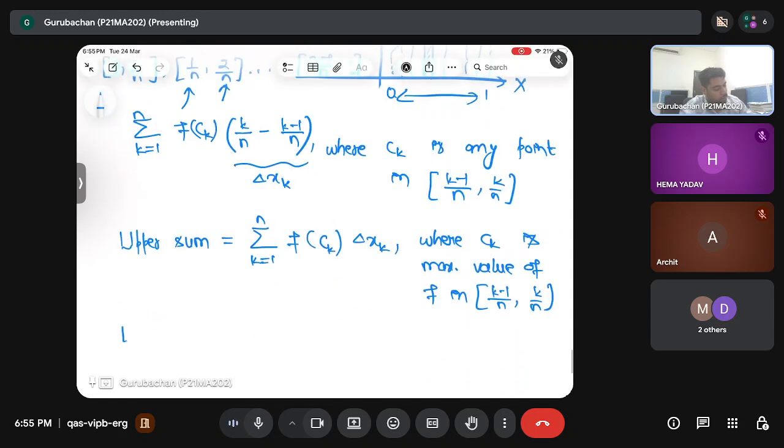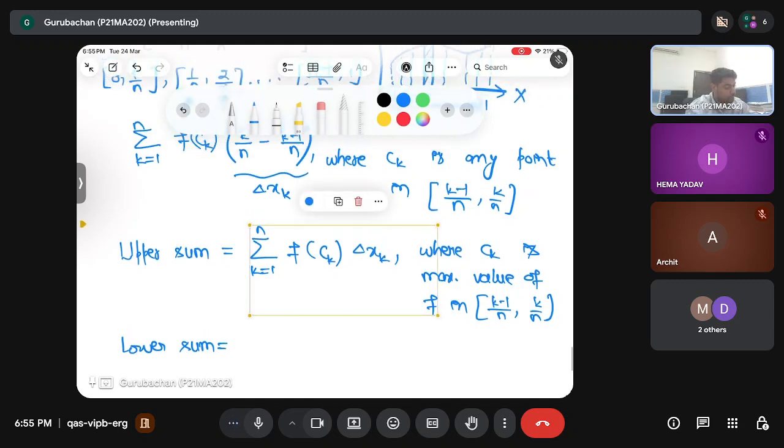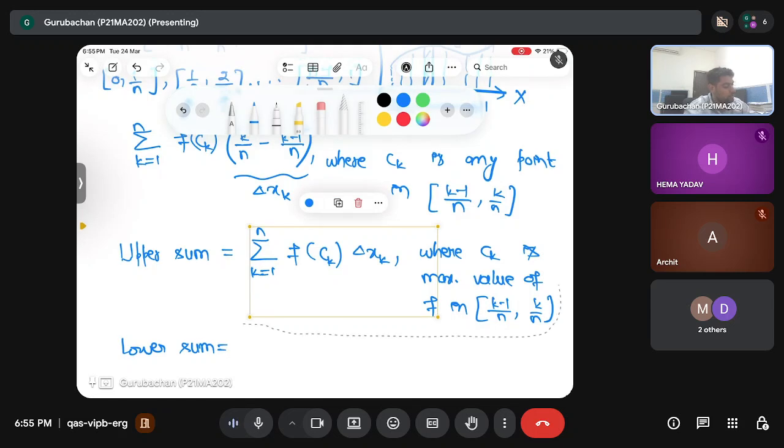In the same way, the lower sum will be like this only, and the difference is that it will be the minimum value of the function in that subinterval.